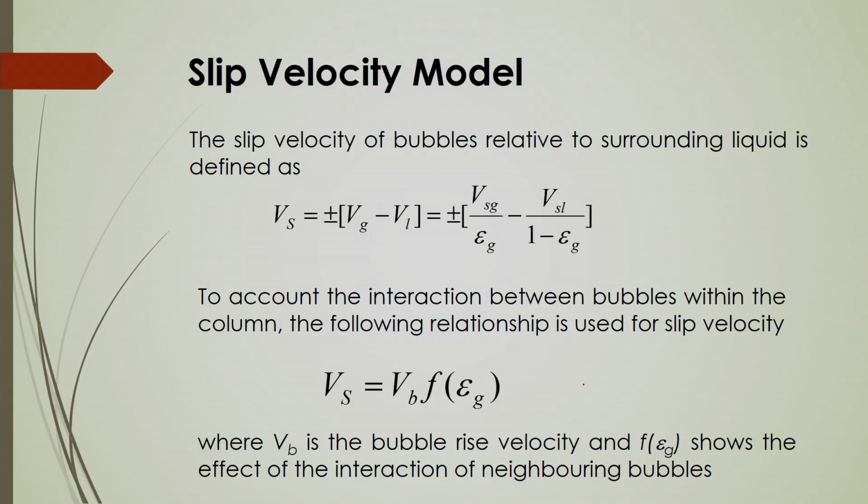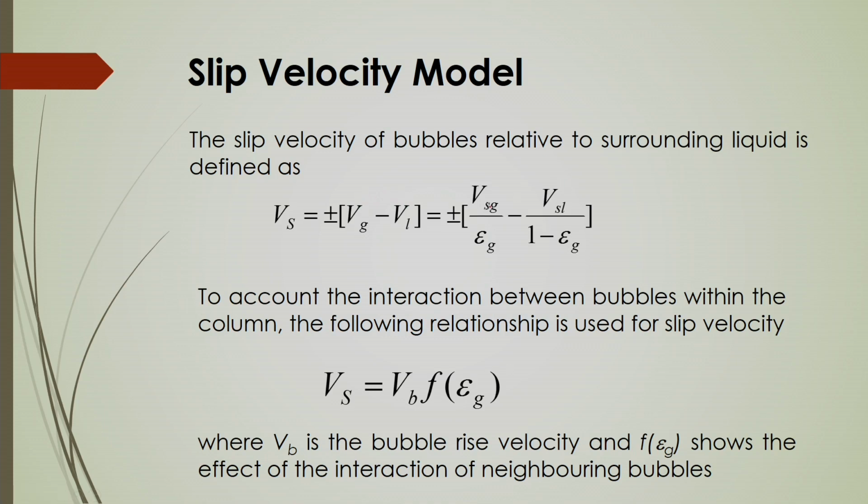If gas and liquid both have the same velocity, then the slip velocity will be 0, but if the gas and liquid velocities are opposite, you can get more slip. That means there will be a certain slip that you can obtain by subtracting or adding the gas and liquid velocity.